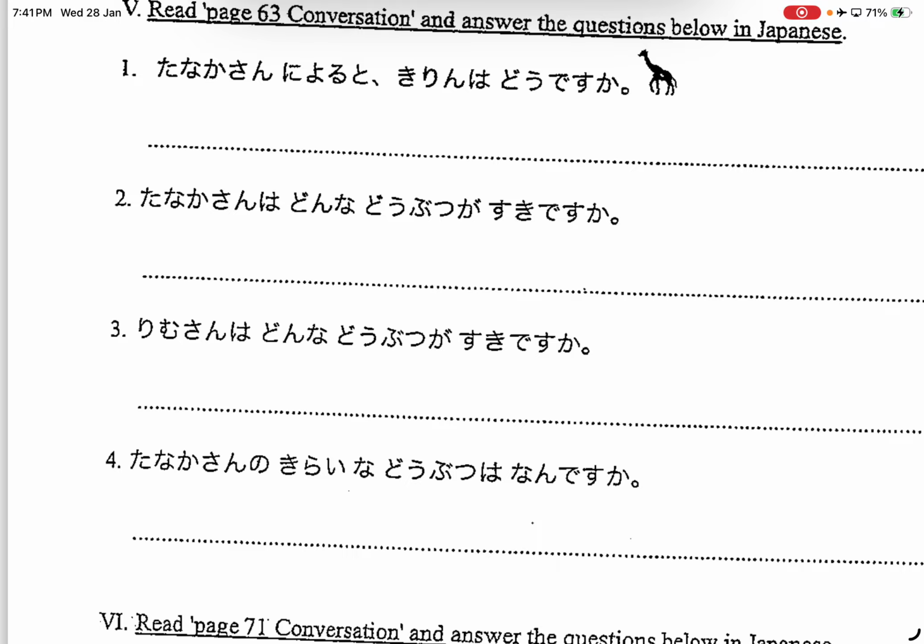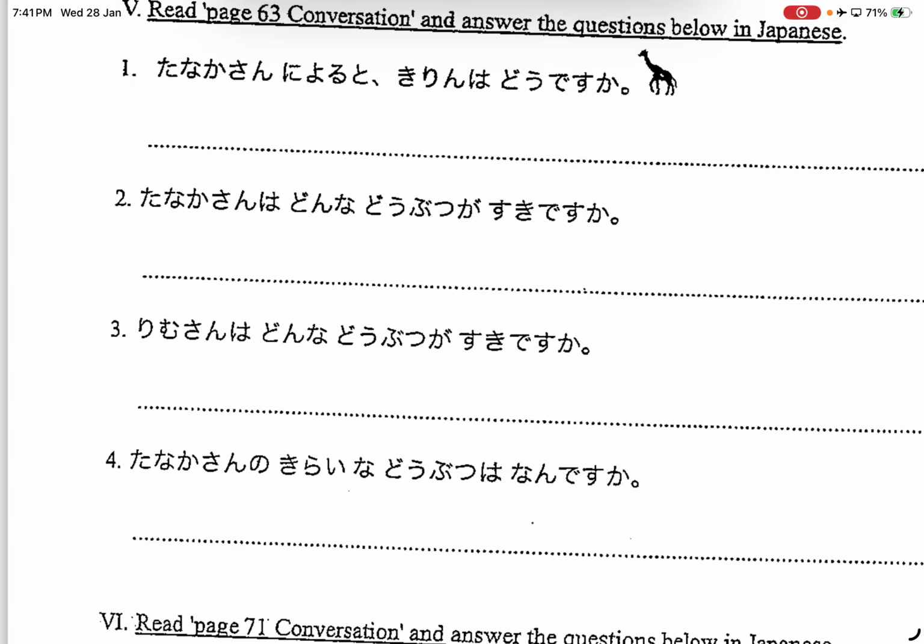Rim-san wa donna doubutsu ga suki desu ka? You want to try? リムさんは鳥が全然好きじゃありません。The question, you listen again. どんな動物が好きですか?